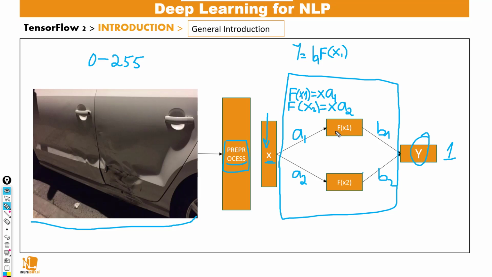So instead of just having b1 times f of x1, we have b1 times f of x1 plus b2 times f of x2. And if we make use of what we had right here, we see that f of x1 is a1 times x, and f of x2 is a2 times x. There we go. We have seen how from these inputs we're able to obtain the outputs.